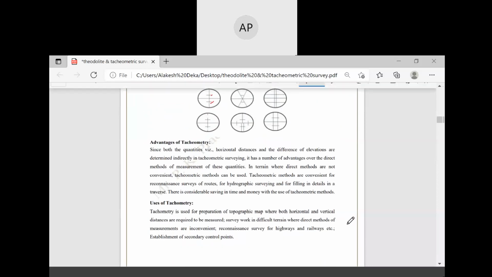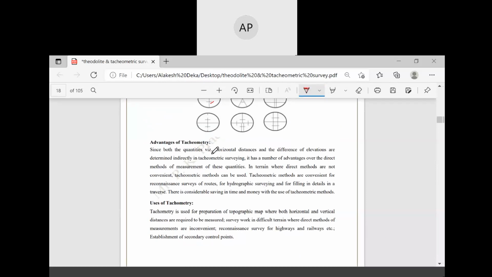Advantages of tachometry: since both the quantities, that is horizontal distance and vertical distance, meaning difference in elevation, are determined indirectly in tachometric survey, it has a number of advantages over direct methods of measurement. In terrain where direct methods are not convenient, the tachometric method can be used.